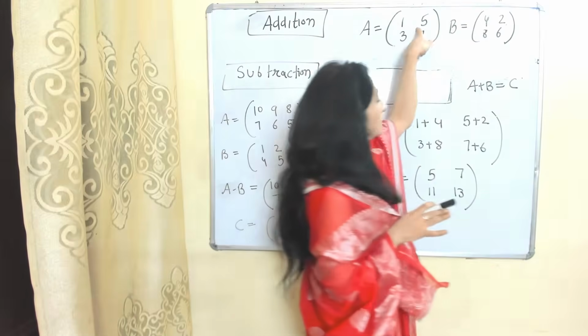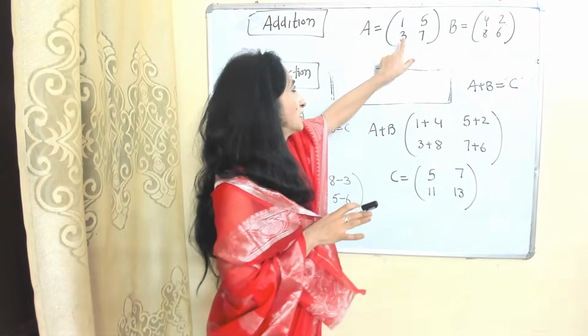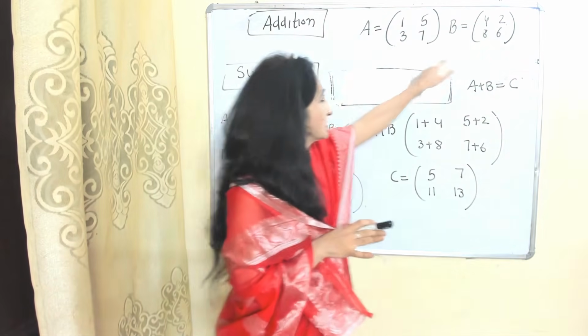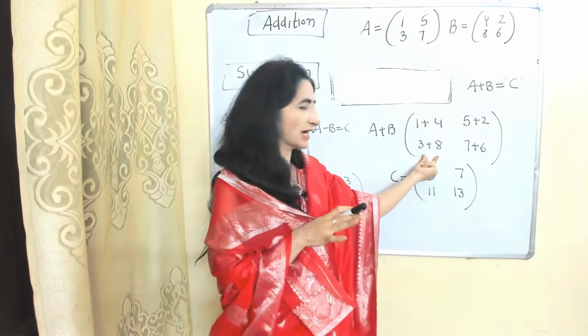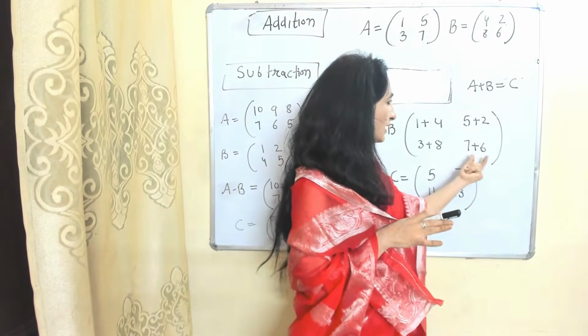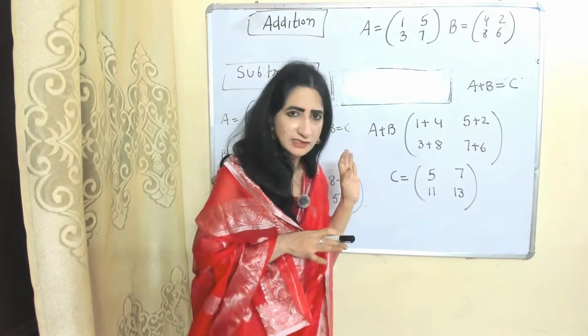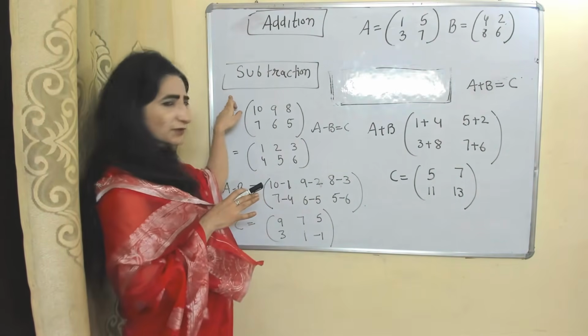First row, second column with first row, second column, we will add these two. Second row, first column with second row, first column, we add these two. Second row, second column with second row, second column, we add these two and find a new matrix which will be called C.